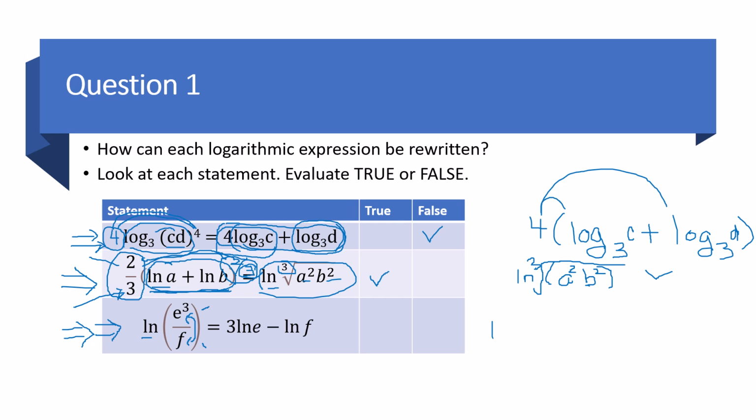So this is going to be the natural log of e cubed minus f. And because this is inside of the parentheses, we can't bring it out to the front. And that's what they've done here.